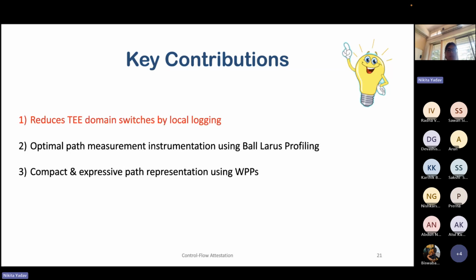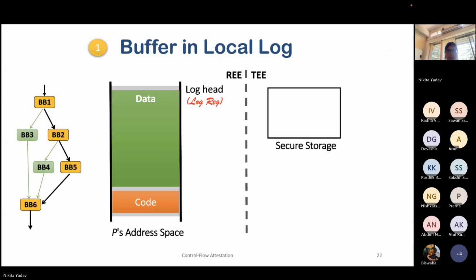So the first part, to reduce the overhead, is reducing the TEE domain switches by local logging. On the left hand side, which is the rich execution environment, as before we have this program control flow graph which we are attesting. And this is the process address space, which has the code and the data region.